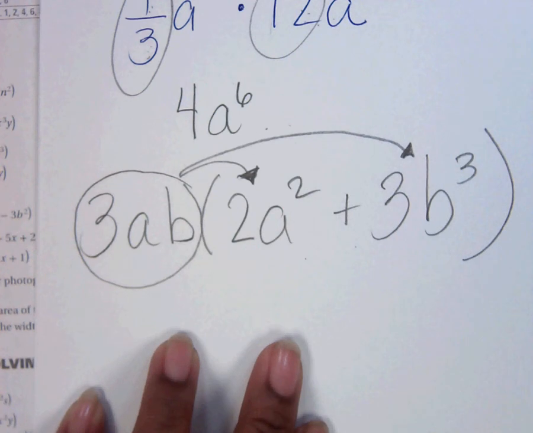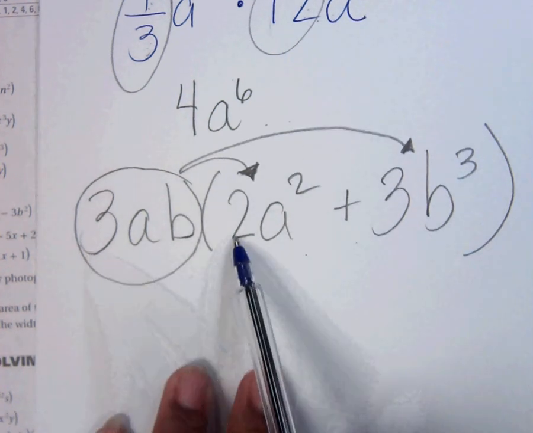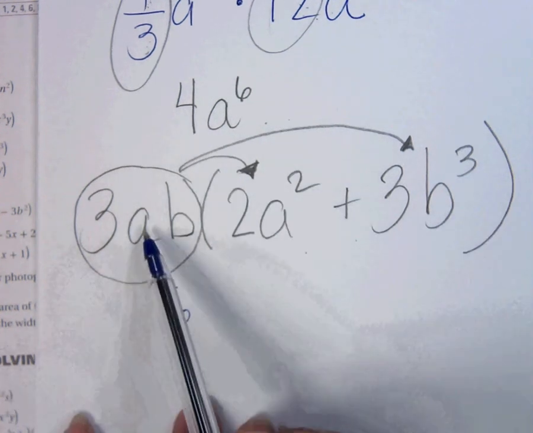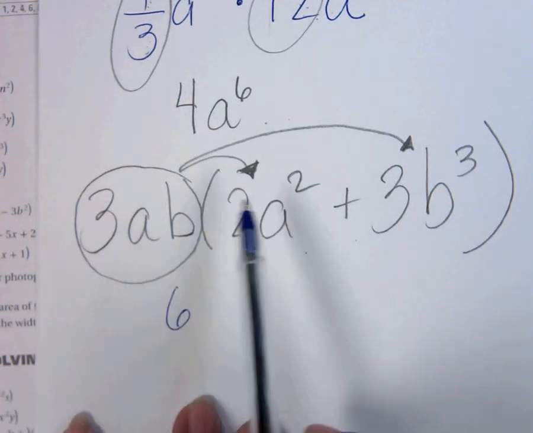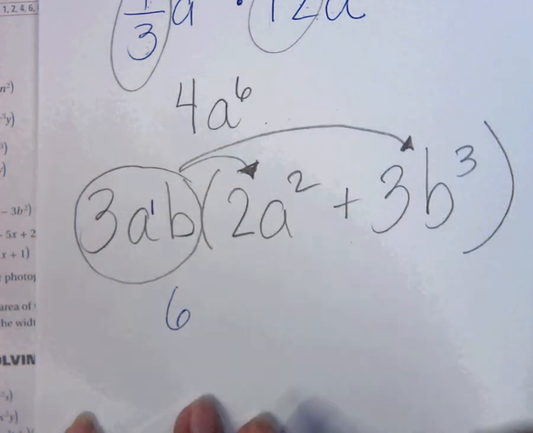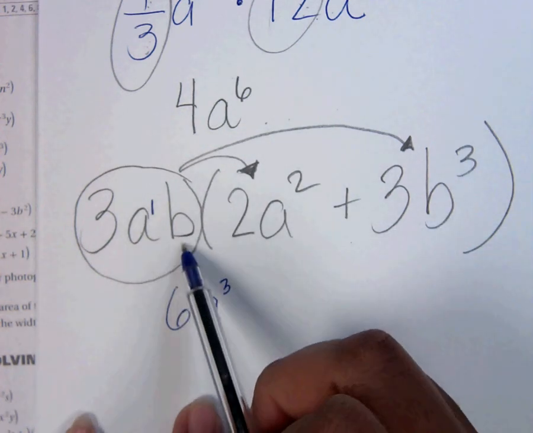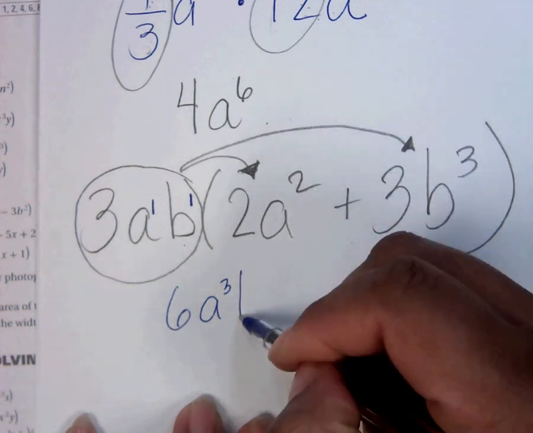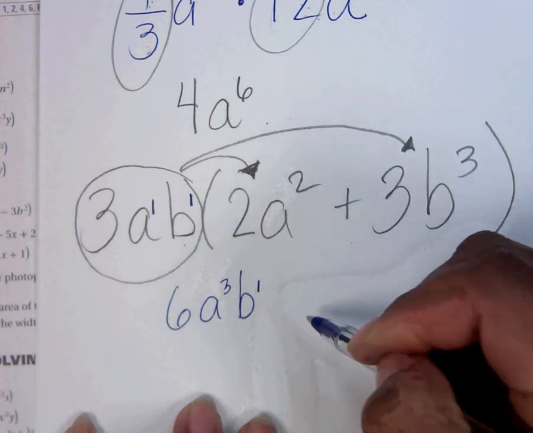So let's take it step by step. 3 times 2. Yes, that is 6. Now we do a times a squared. Well, there's a 1 on that a, and we add the exponents. B to the first power, but there's no b here. So we just bring down b to the first.